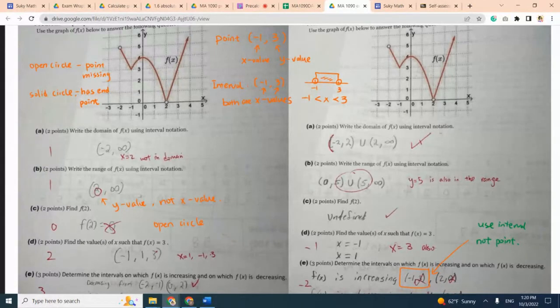I know what you mean. You want to say increasing after this point, but you answer the interval, you don't answer the point. So that's why this is wrong. Yes, increasing after this point, but you say 2 to infinity, you don't answer the point 0. So don't get confused with points and intervals.